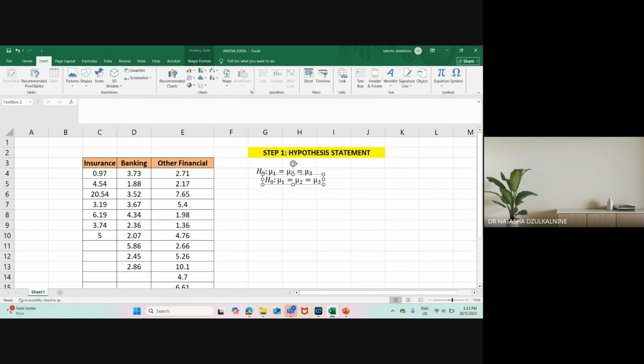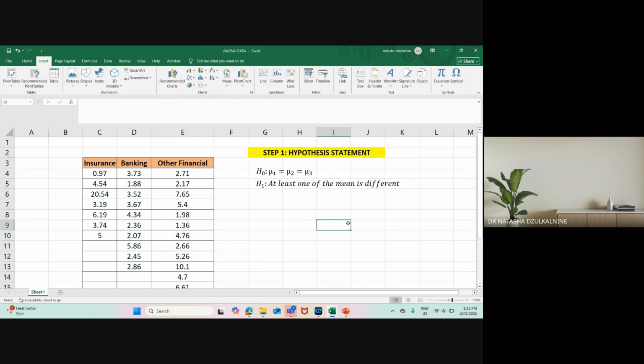Then we will have the alternative hypothesis: at least one of the means is different.